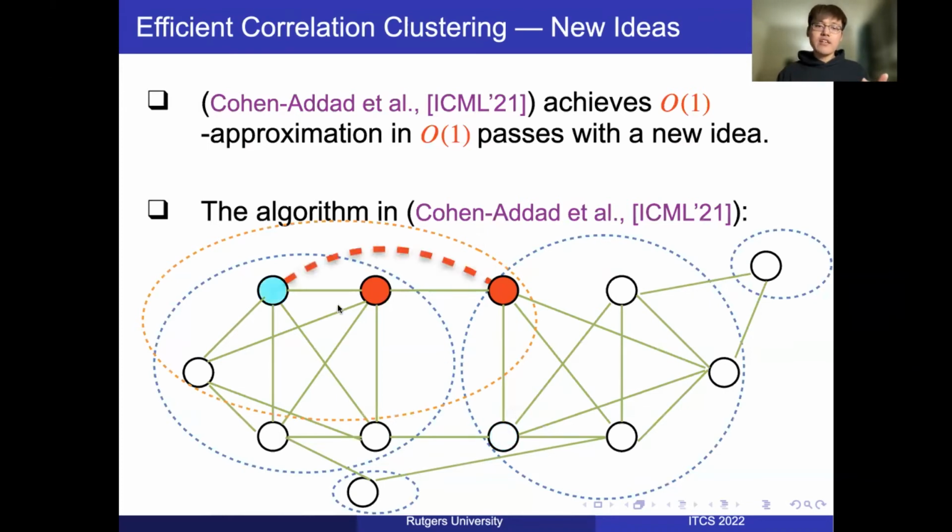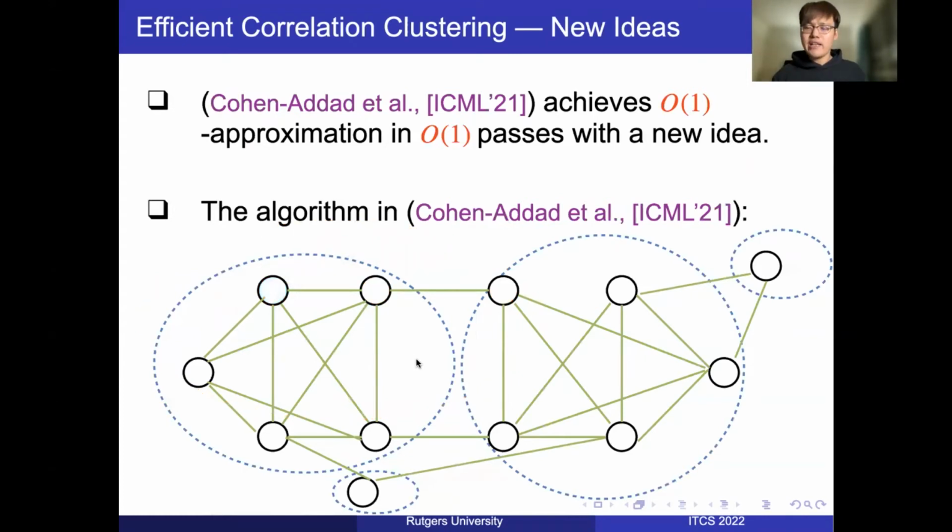On the other hand, consider a light blue vertex that is inside this cluster. It has a positive edge to this vertex, but it has a negative edge towards this right-hand side red vertex, so we're going to pay for the negative edge. In this way, even if the optimal clustering puts these 2 vertices together, the optimal clustering is going to pay a lot of cost, and our algorithm should be competitive against it. In this way, they show that they can achieve a constant approximation.